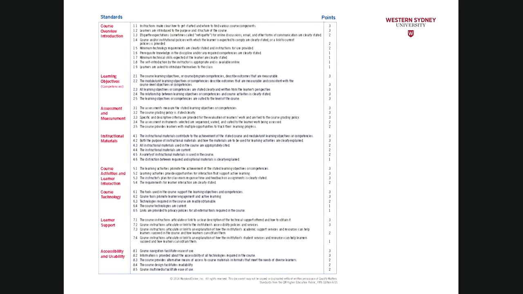But the showstopper, if you like, would be around 2.1 and 2.2, which is about the alignment of measurable learning outcomes with the activities and the assessments and what have you. So as long as it meets 85%, then you could say that it does meet the QM standards. But the big showstoppers would really be around the alignment of the learning activities, resources, technologies with the learning outcomes.